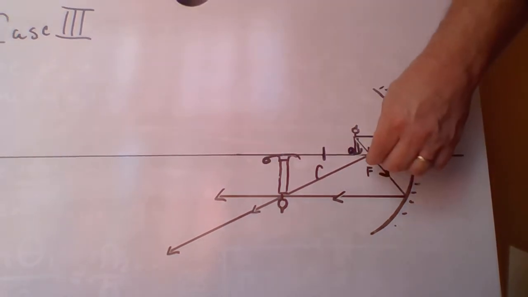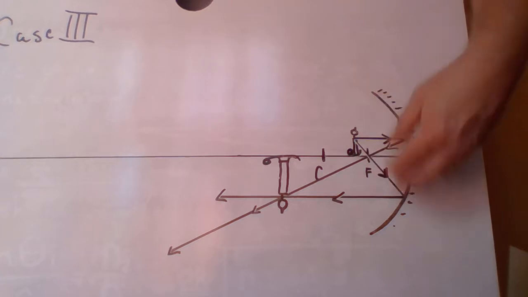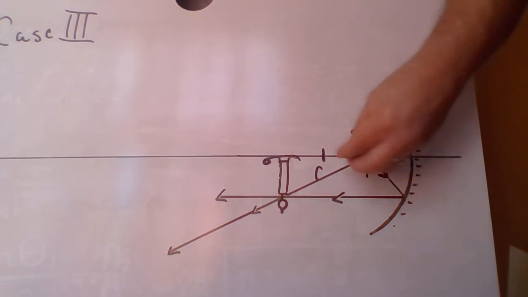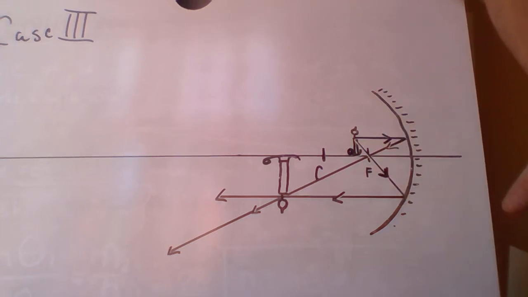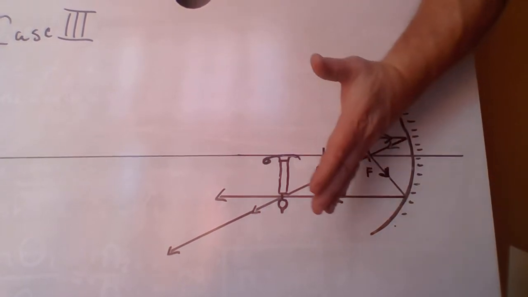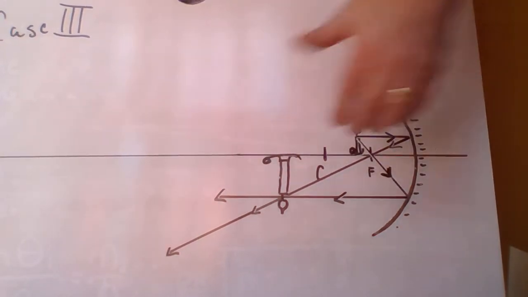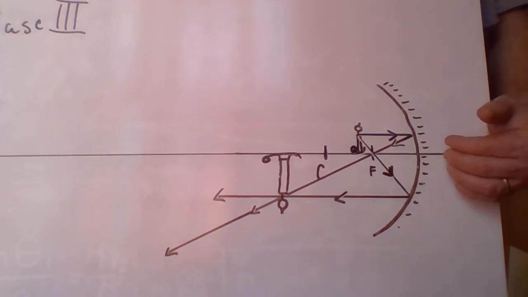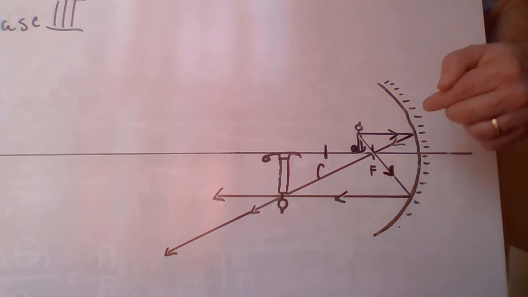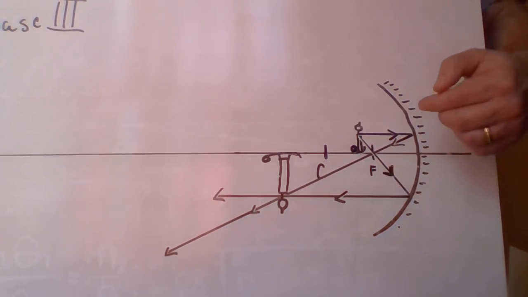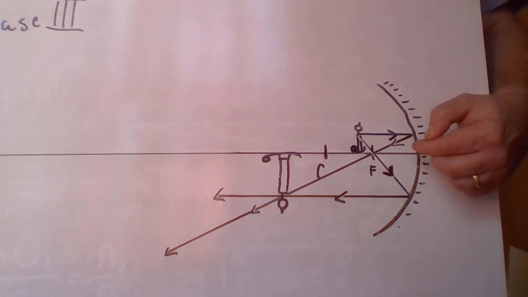So you can use a relatively small bulb, but because it's collecting the light that would normally just be going out into space over here, it's reflecting it all parallel. And so that's why this application of the reflector is when you have a light bulb here or something like that.